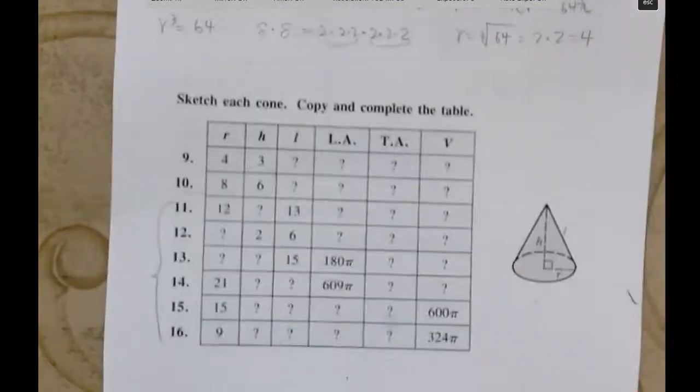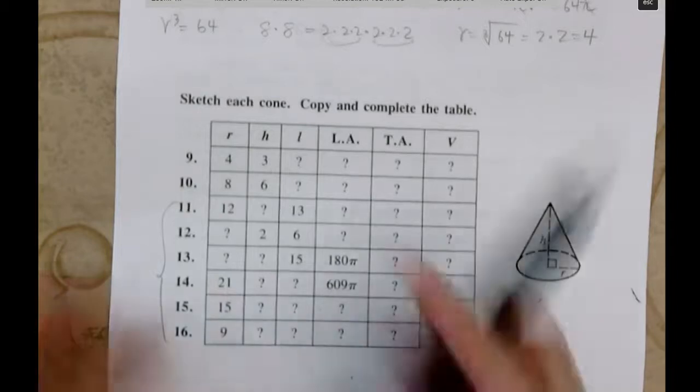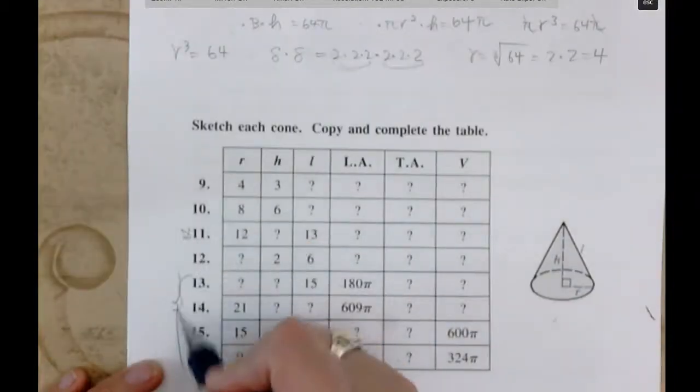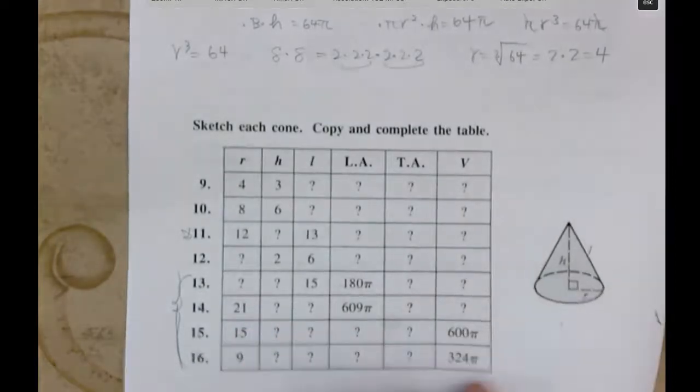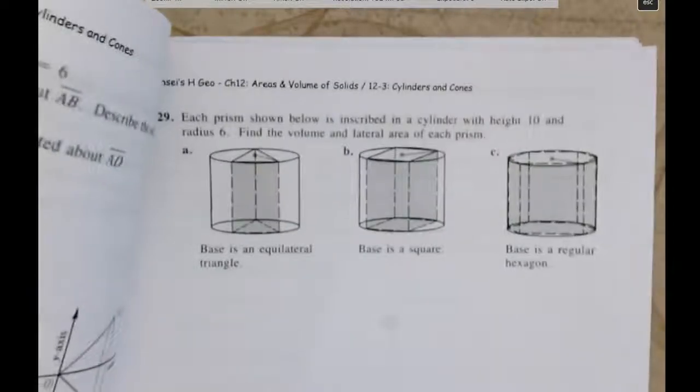Especially these ones where you have to go backwards from the volume to the radius, or from the lateral area backwards. Yeah, I think maybe you do just 11 and then these 4. Okay, these are good practice. And I think the rest we can do in class. Okay, and look at here. These are the problems I was talking about, the things that go in a cylinder and so forth. Okay? Good.